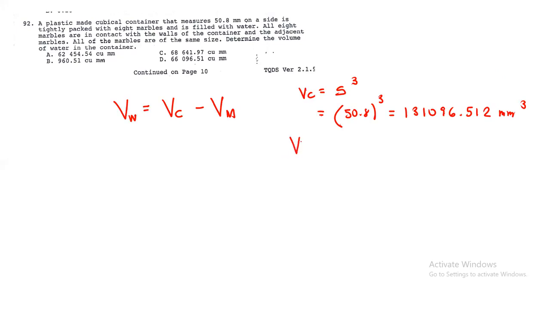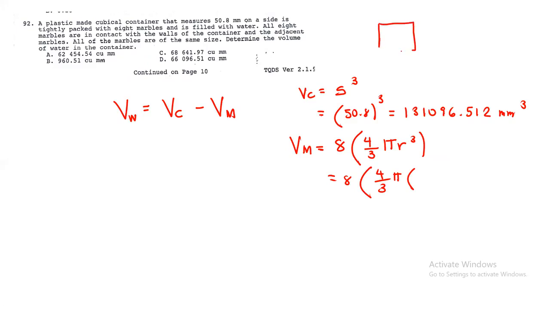Then para makuha natin volume ng marbles, so ilan ba siya? 8 marbles times 4/3 pi r cube. So ilan siya? 8 times 4/3 pi times radius natin ng marble. So ilan ba yung radius ng marble? Kasi sabi niya, all 8 marbles are in contact with the walls of the container. So halimbawa, ito yung wall, so face ng cube.